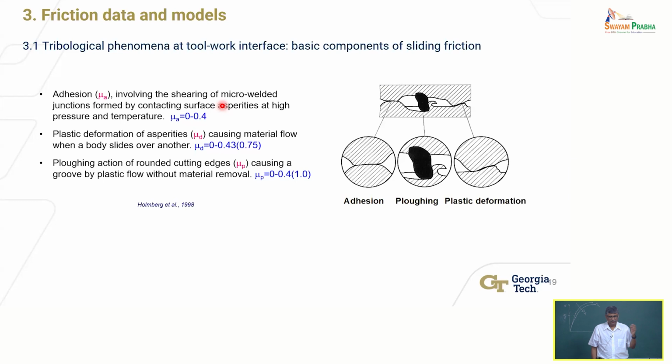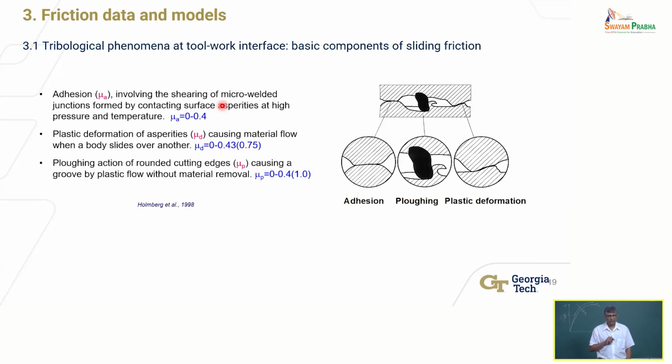Well, for those of you from basic physics and mechanical design, you don't deal with coefficients of friction greater than 1. What does it really mean? It doesn't. That's why it's the apparent coefficient of friction. So the contact conditions are very severe because of severe plastic deformation. And so modeling the actual contact conditions between the chip and the tool is not a simple task.